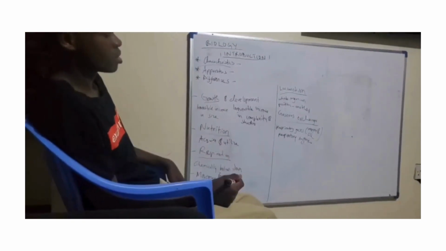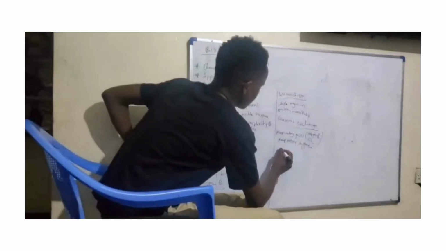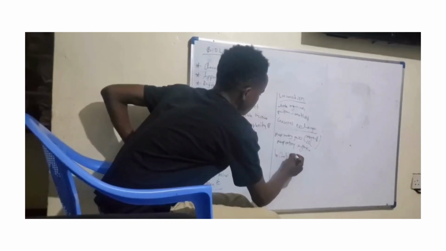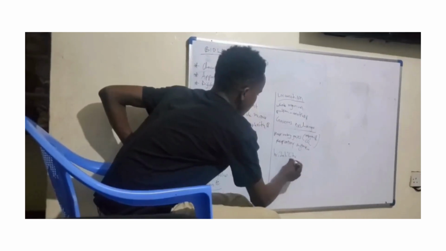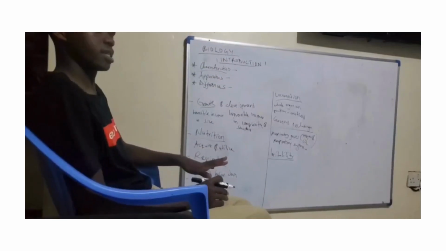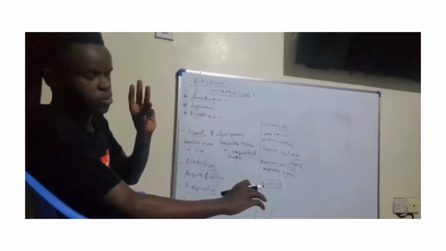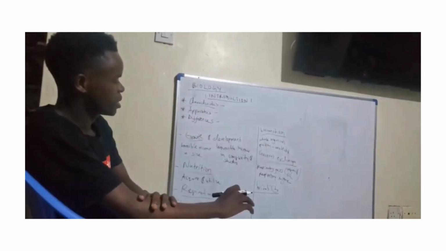We are still moving on. We go on to irritability now, another characteristic exhibited by living organisms. What is irritability? Now, this is another good term. We have some keen words to take a keen look at.